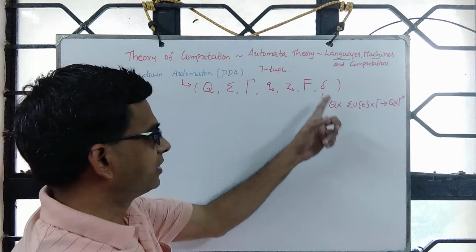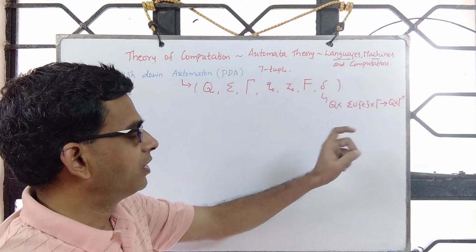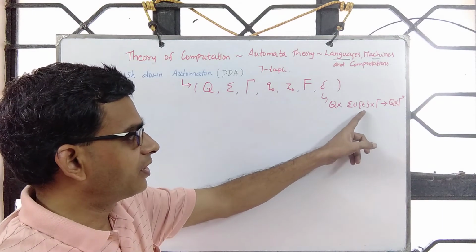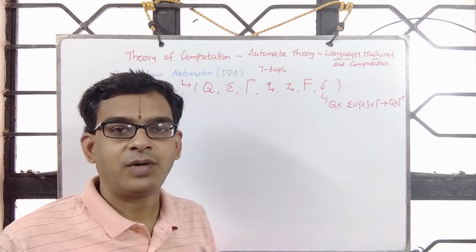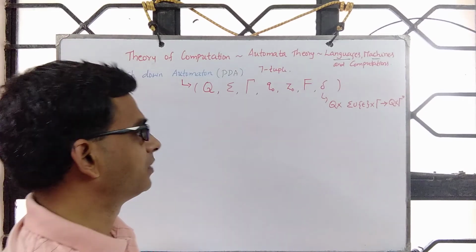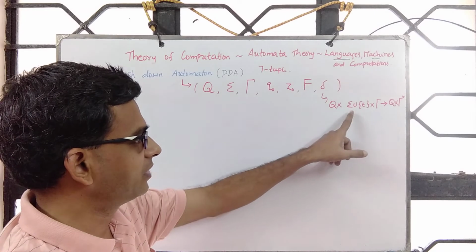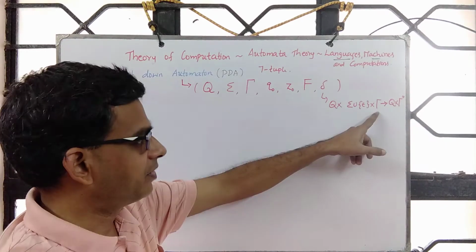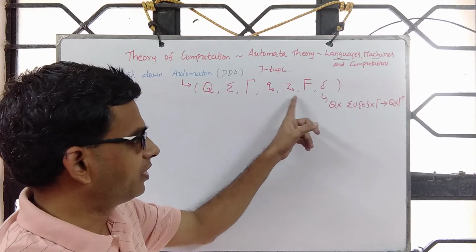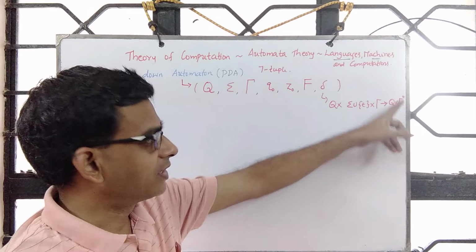The transition function is from Q cross sigma union epsilon, because towards the end we look at if the tape is empty, what action we should perform. Which is why when we define the transition function, we say Q cross sigma union epsilon cross gamma. Gamma may contain Z naught, A, B, X, all that, implies Q cross gamma star.